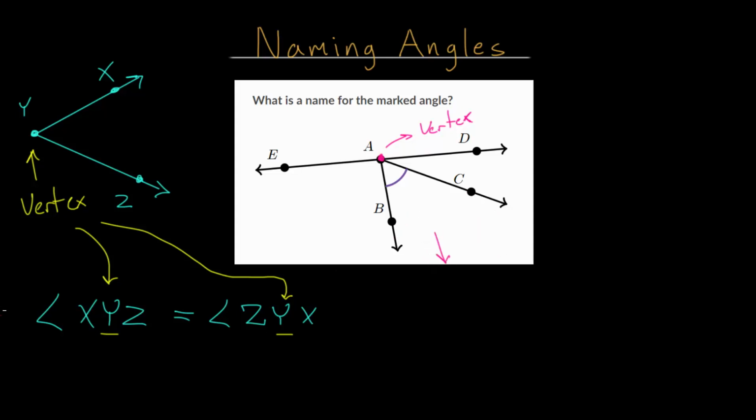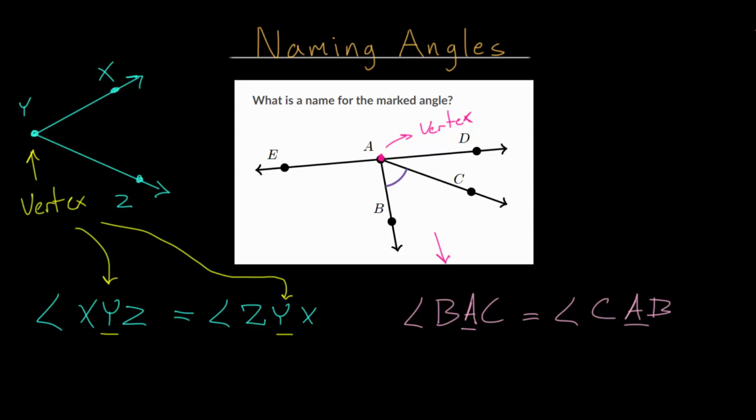So if we want to actually label this, this could be angle BAC, or we could label it as angle CAB. So as long as the corner, the vertex, is the middle point or the middle letter, then that's how we would identify the angle.